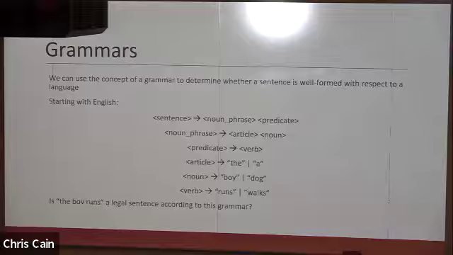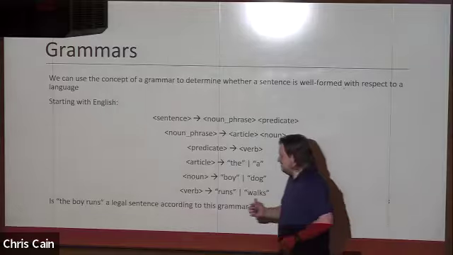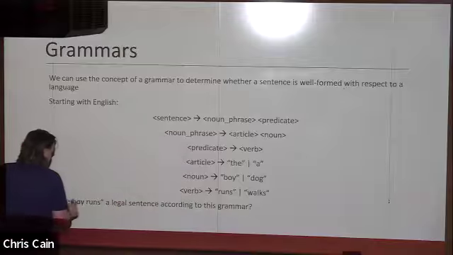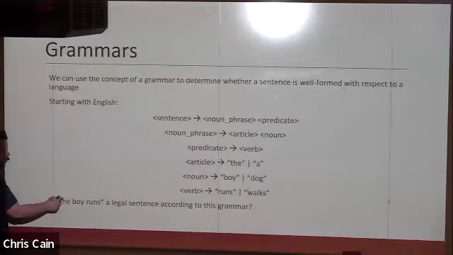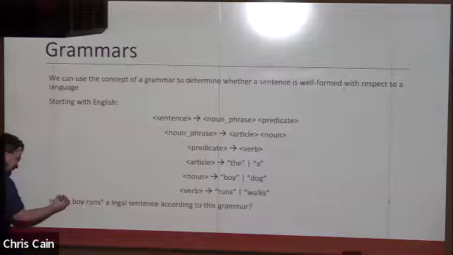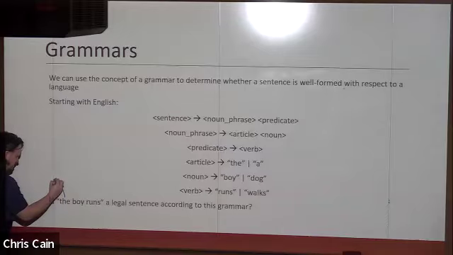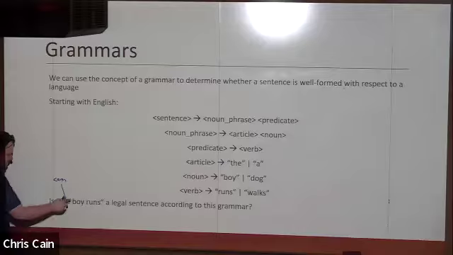How could we figure this out or derive this from this grammar? Maybe starting from the smallest part, from the most broken down, and then going to the largest. Yeah, you can try to, starting here, go backwards. "The," well, that's an article. I'm just going to shorthand this to article.